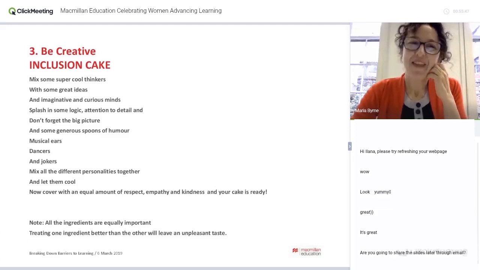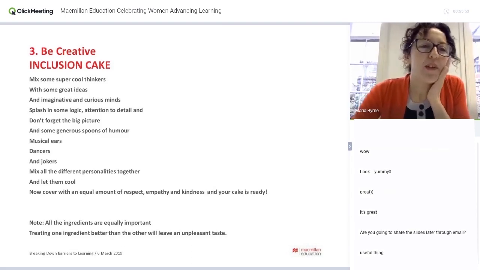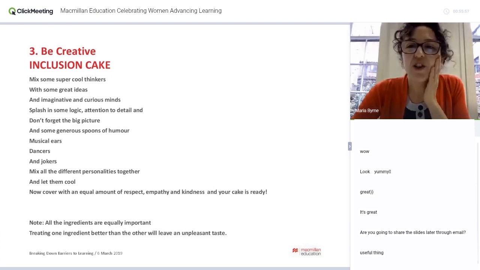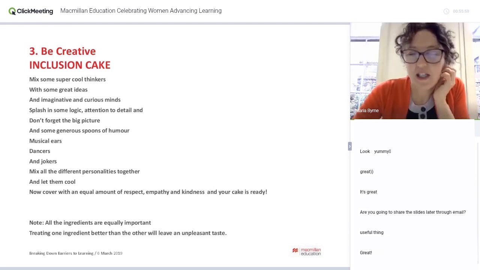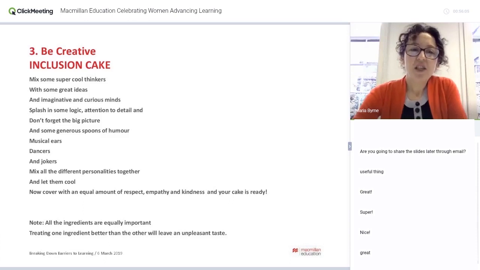Here's the inclusion cake poem, recipe. Mix some super cool thinkers with some great ideas. Add imaginative and curious minds. Splash in some logic, attention to detail, and don't forget the big picture.